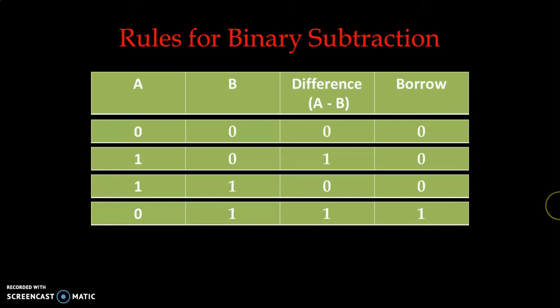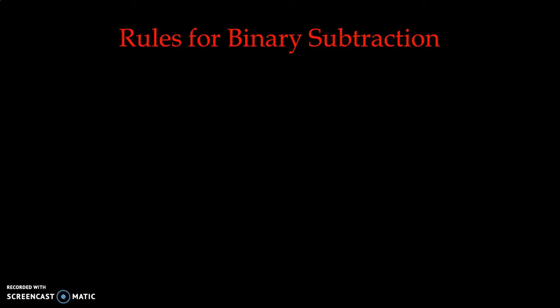Let us slightly elaborate our rules for binary subtraction. So 0 minus 0, when both the values are equal, the difference is always 0. That is very clear.